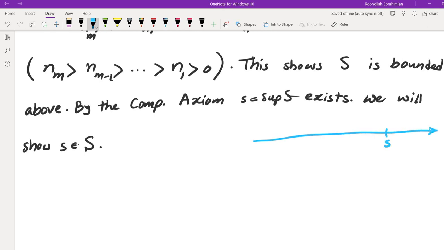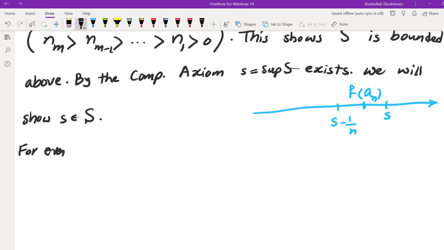If we take s, we can create a sequence that approaches s inside S. So if I take s minus 1 over n, I can get a sequence of functional values, f of perhaps a n, that approaches s. Then I would again apply the sequential compactness theorem and continuity. So let's go from there.